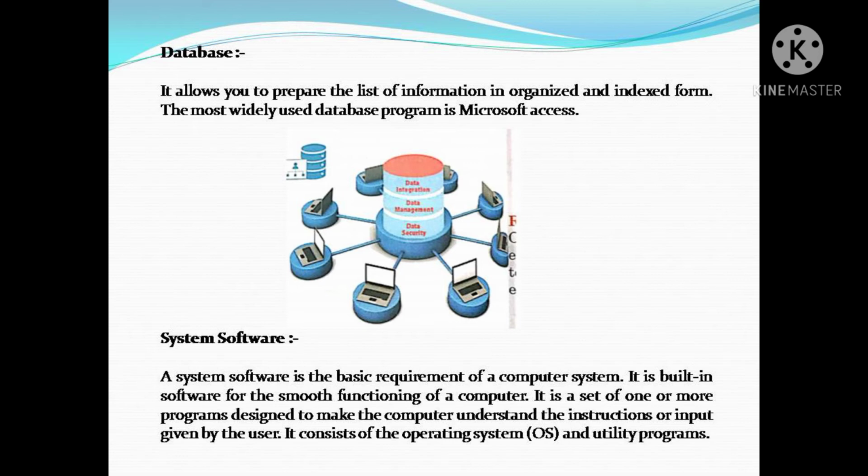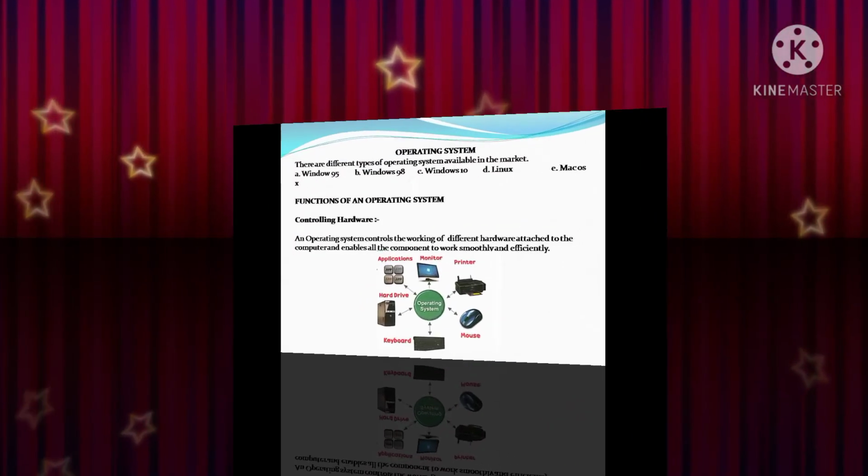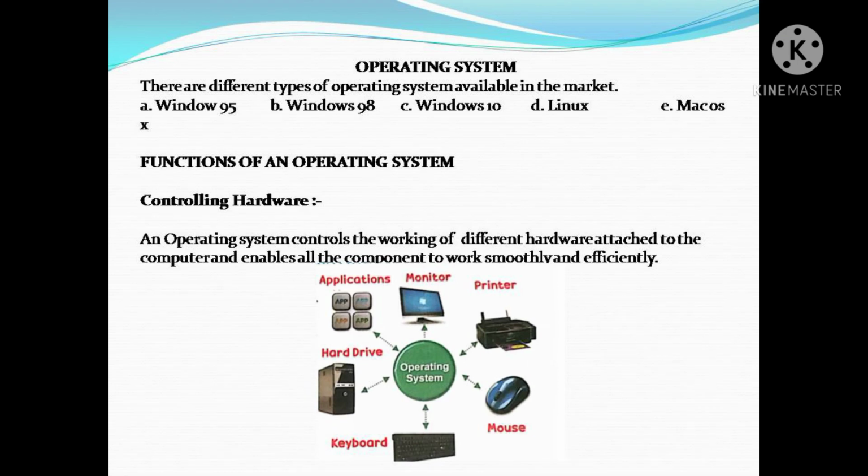I repeat, it is a set of one or more programs. There are many programs. This system software contains one or more programs to make the computer understand, and the user understand, what we are inputting or what it is going to give as output. It consists of the operating system and utility programs.